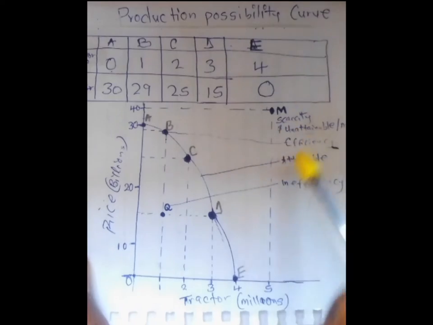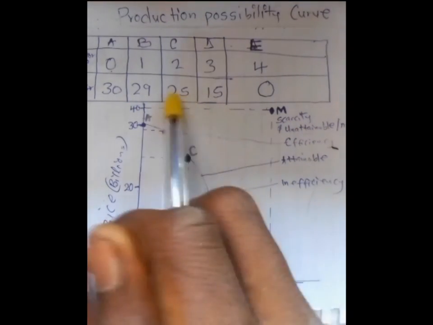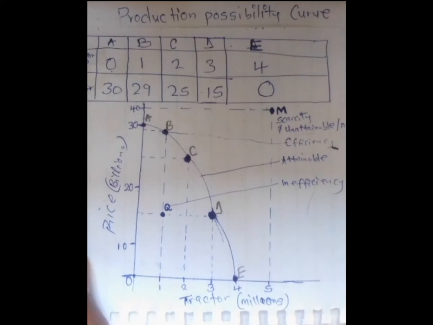The scarcity also means unattainable or not feasible, because the country's resources are not enough to produce their desired point. So any point outside the production possibility curve brings about scarcity and is unattainable, not feasible, while those on the curve are attainable and feasible.